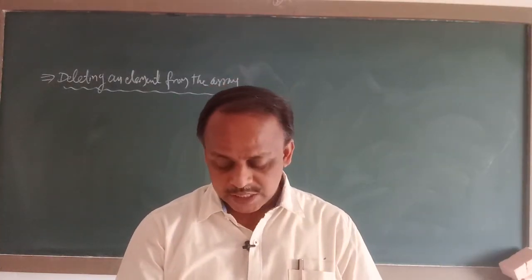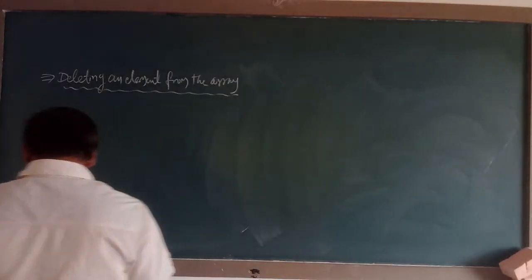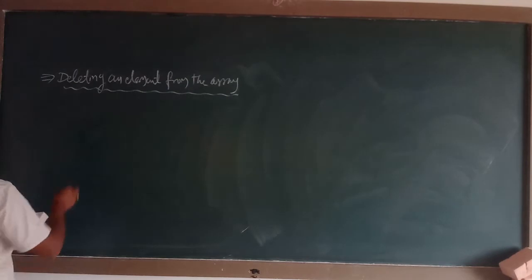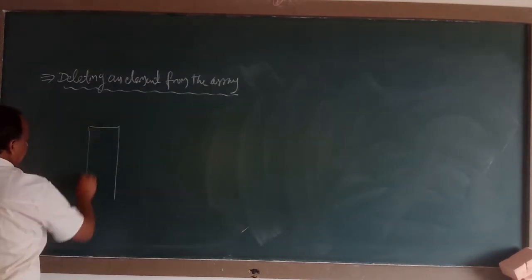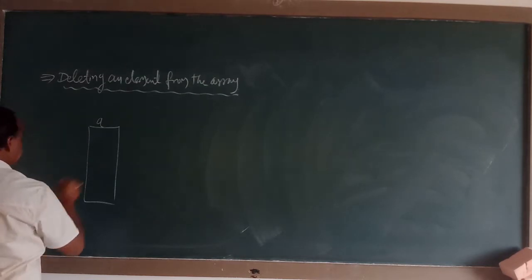See here, I am going to explain it with one example. Let us consider an array A. It contains the elements 10, 20, 30, 40, 50.